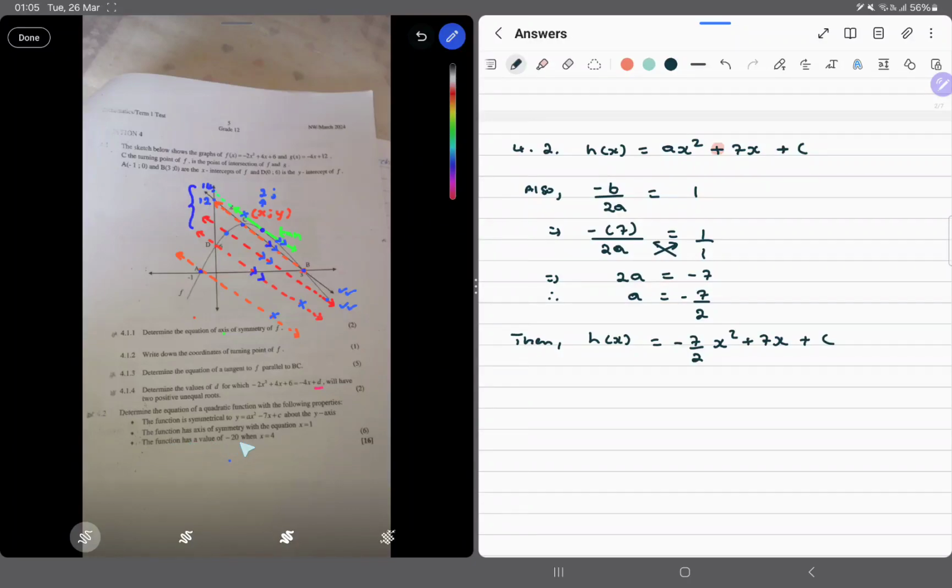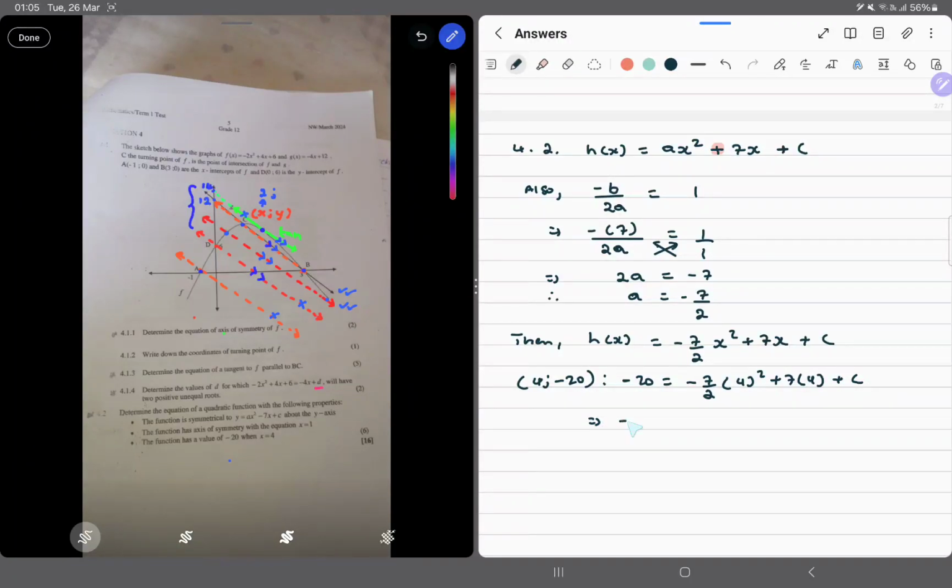The function has a value of minus 20 when x is 4. So literally this is suggesting that at this point we've got minus 20. So we can substitute this into the equation. Minus 20 is equal to minus 7 over 2, where we see x, we put that, plus c.